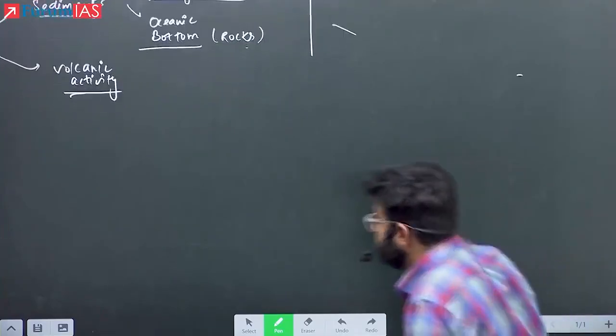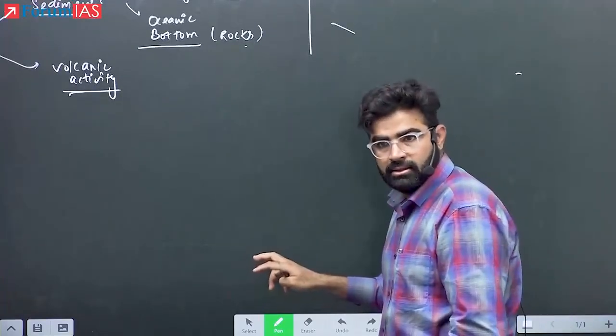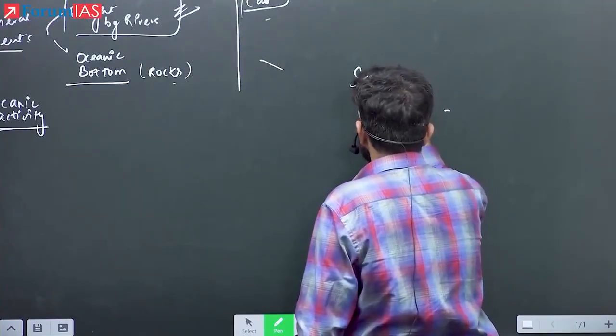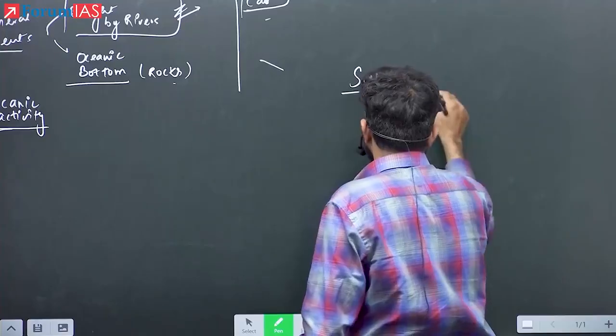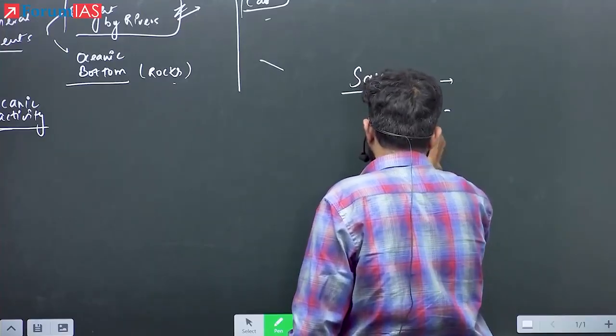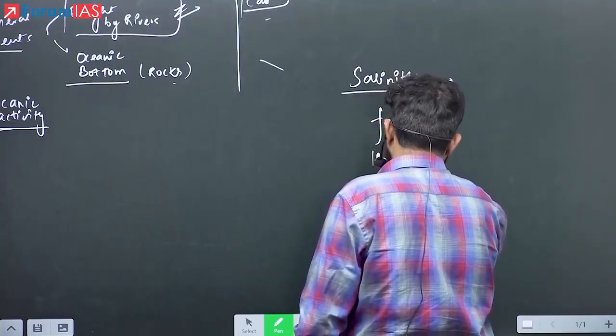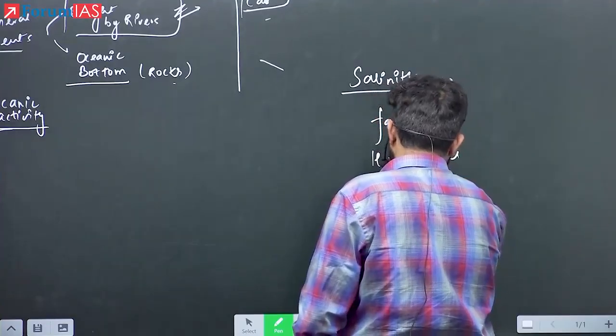Now again we will learn. समझ में आया यहाँ तक? Yes. Next, we will also learn about salinity in three ways. Number one, the factors, the same. Then second, both horizontal and vertical distribution.